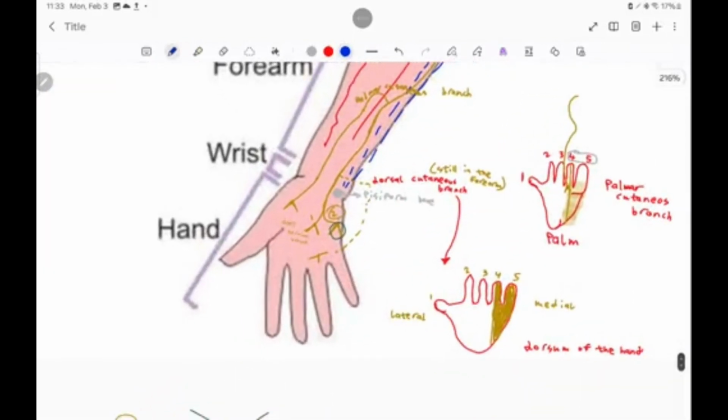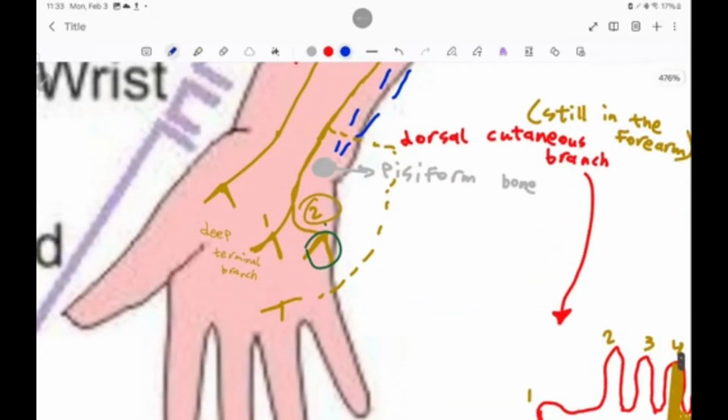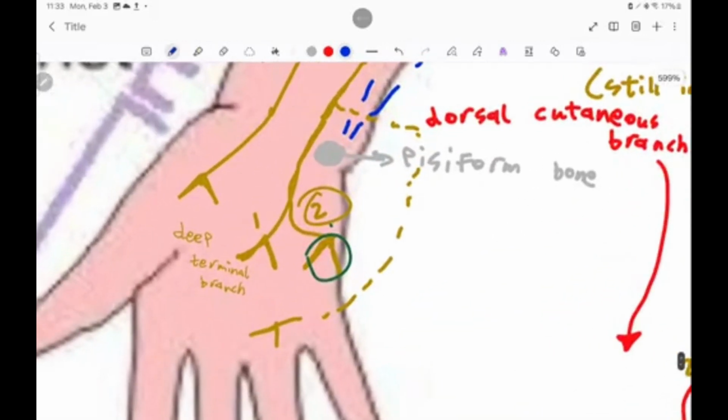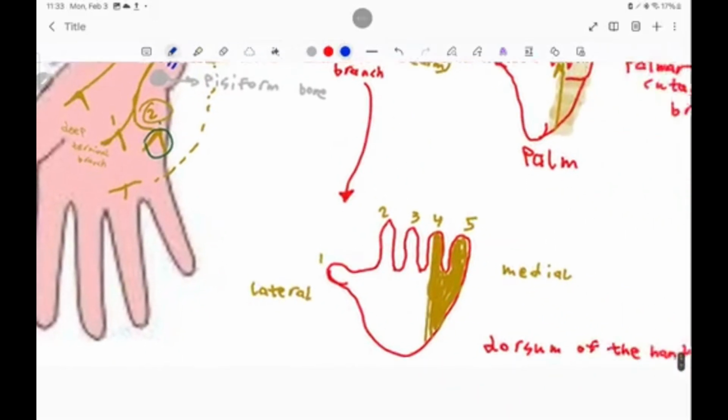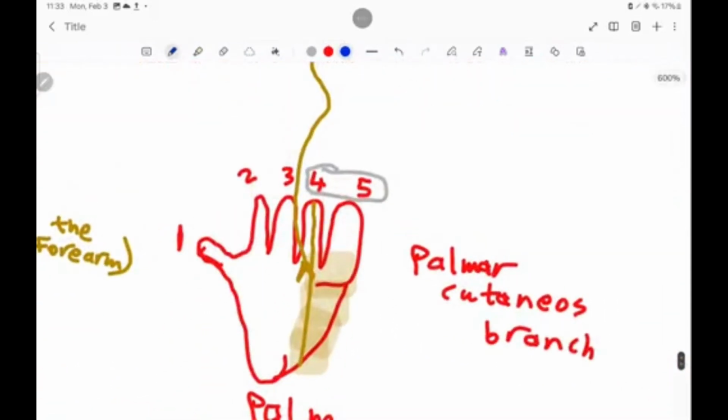The nerve that supplies this is the superficial terminal branch. This one, number 2, also supplies palmaris brevis. This one also gives the cutaneous innervation to the palmar aspect of the 4th and 5th fingers.